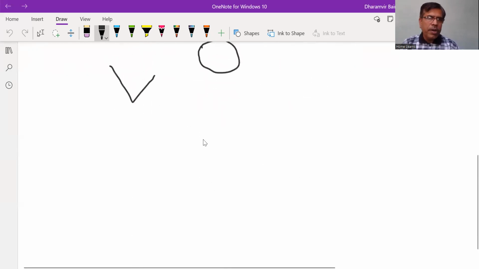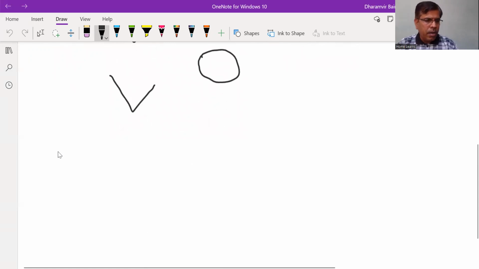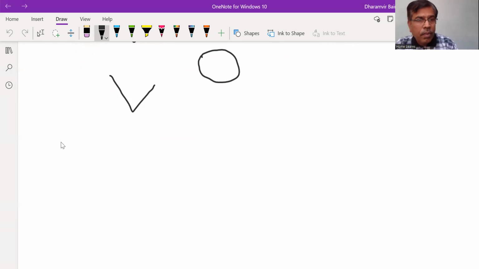Now come to the next point. That is important, and it relates to what I told you about quadrilaterals at the start. A quadrilateral is a polygon that has 4 sides, 4 vertices, 4 angles. So what is a polygon? A polygon is a simple closed figure made up of different line segments.